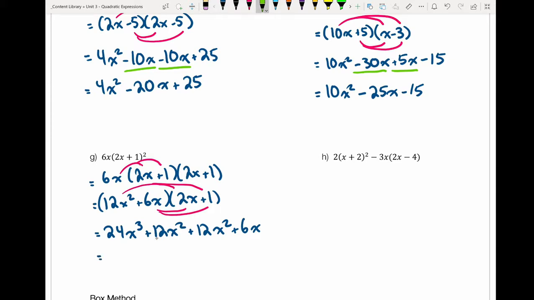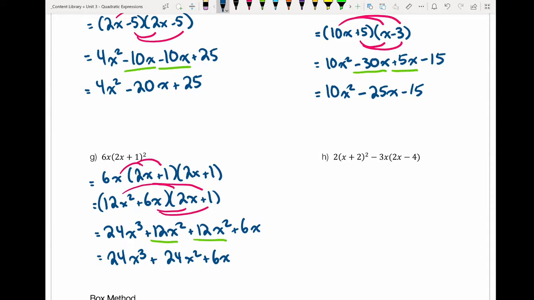I do have some like terms again that I can collect. So 24x cubed plus 24x squared plus 6x. And there is our final solution, expanded and simplified.